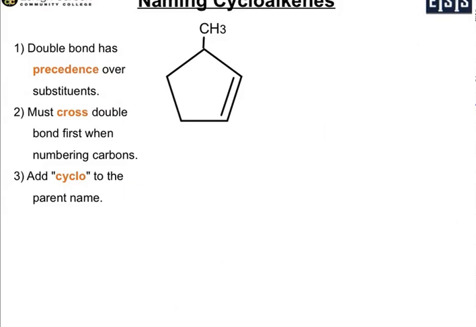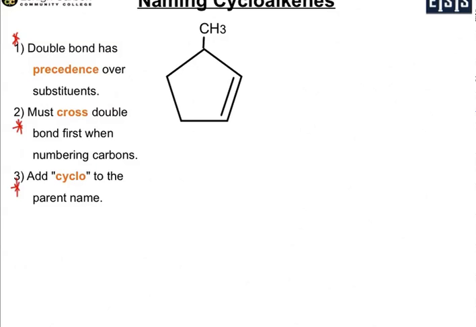Here on the left, I show three unique things you have to remember with cycloalkenes. Your double bond takes precedence over substituents when you number your carbons, you must cross the double bond first when numbering your carbons, and you need to add cyclo to the parent name.